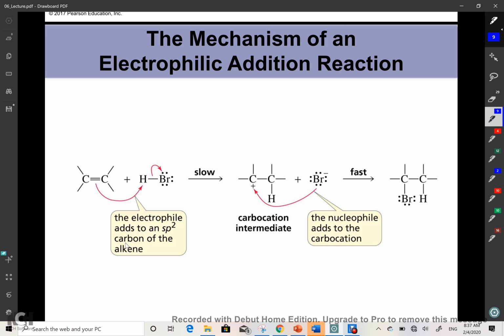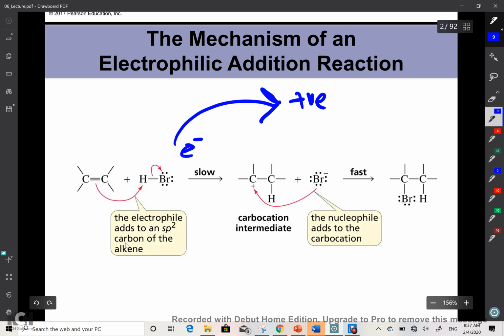Before we go to the detail of the mechanism, let's remind ourselves what the arrow means when you're writing the mechanism. The arrow always starts from an electron rich center and ends on an electron deficient one, what I call positive.